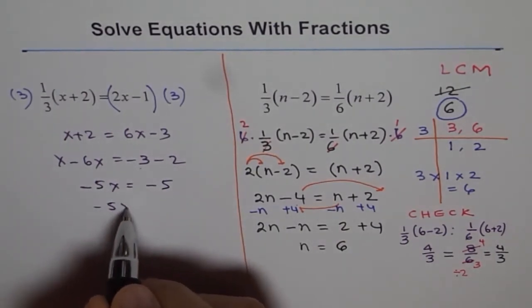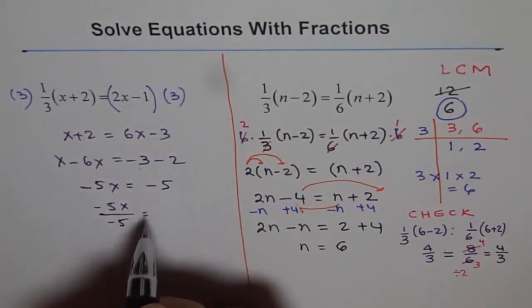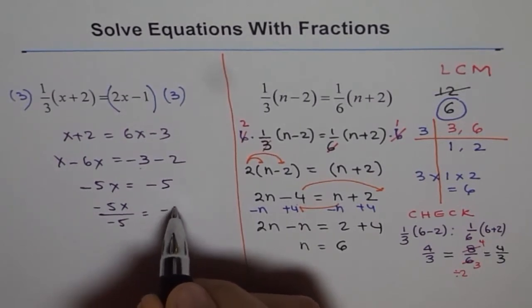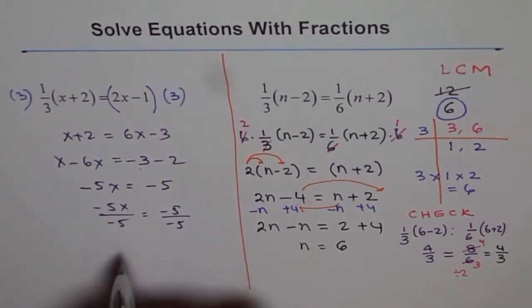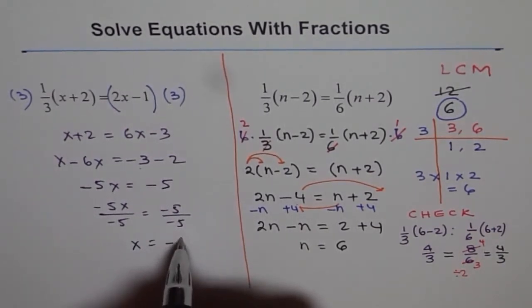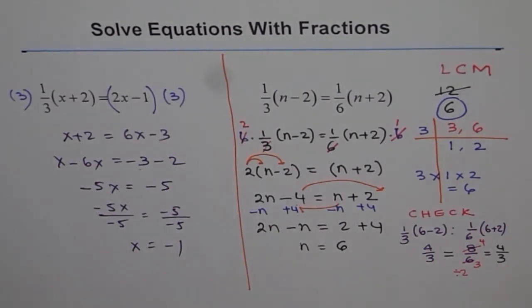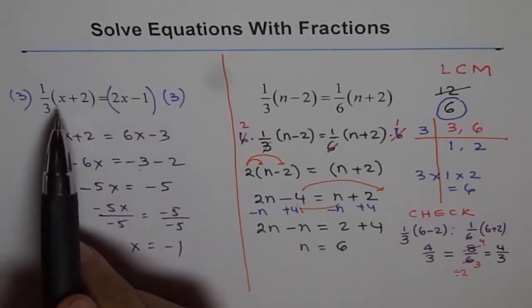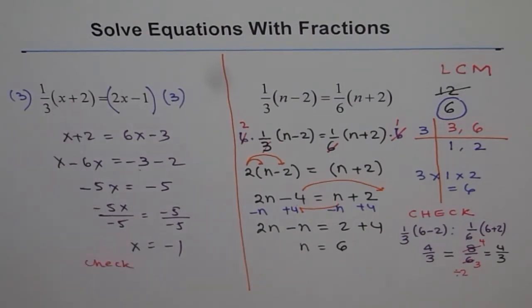Now if I divide by minus 5, I get what x is, correct? So x is equal to minus 1. That is what we get. And now you can always check it, correct? How will you check? To check, plug in minus 1 here. Minus 1 plus 2 is how much? Minus 1 plus 2 is 1.